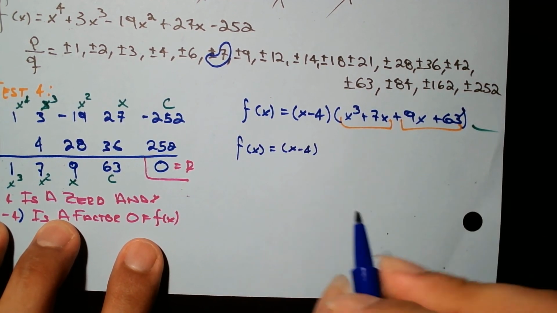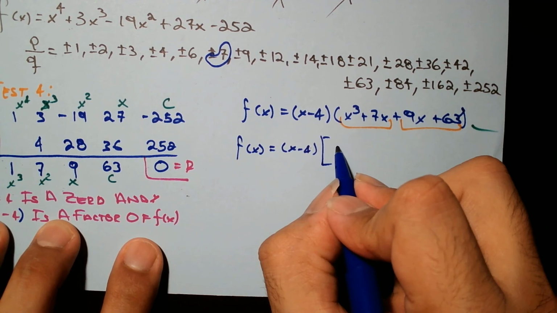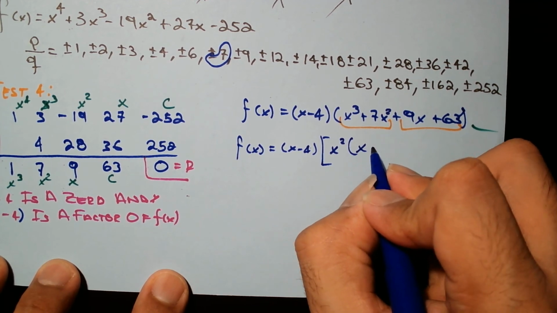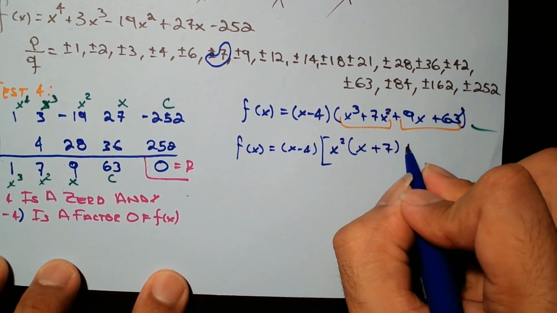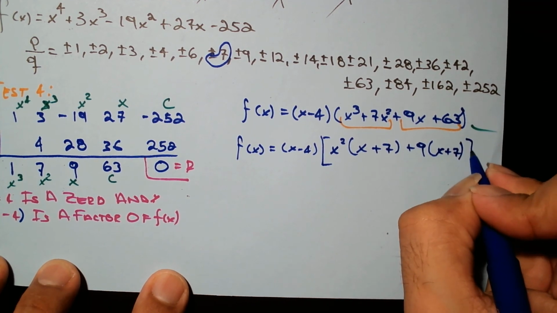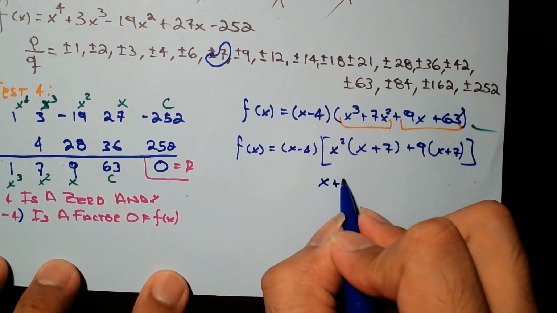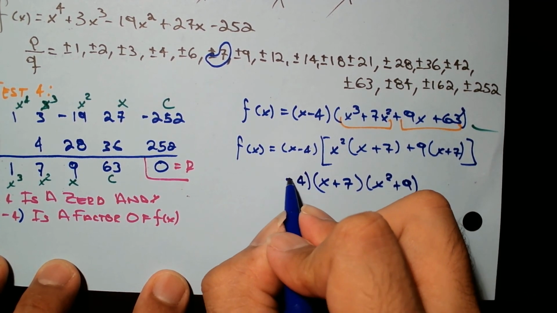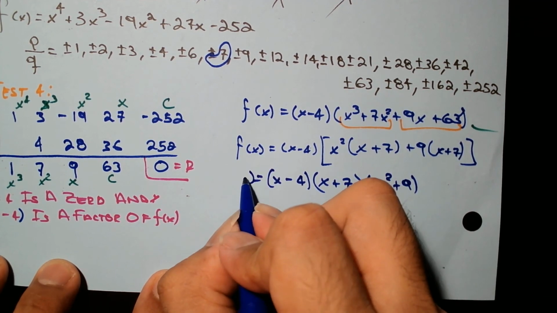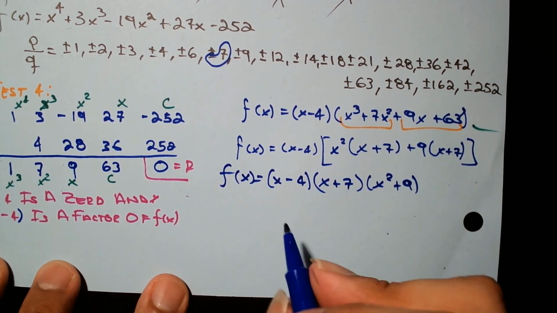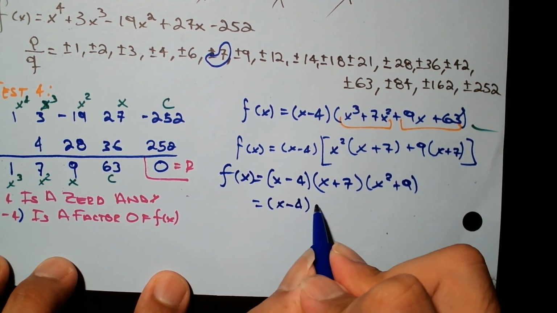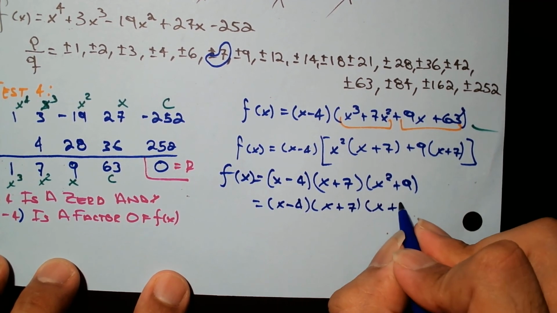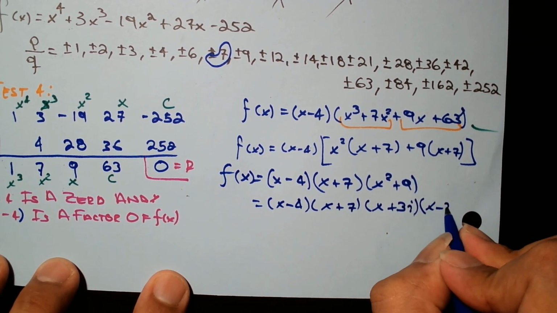So x minus 4 times brackets, x squared, x plus 7, factor out the 9, x plus 7, and the GCF is x plus 7 times x squared plus 9, but don't forget the other factor. So from here we get x minus 4 times x plus 7, and how do we factor x squared plus 9? That's x plus 3i, x minus 3i.